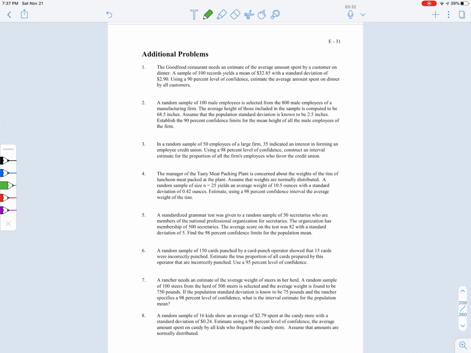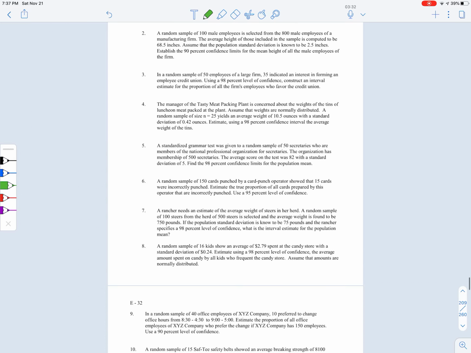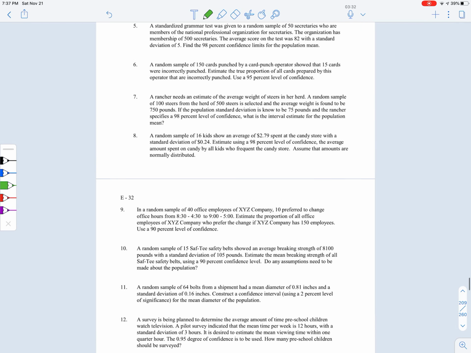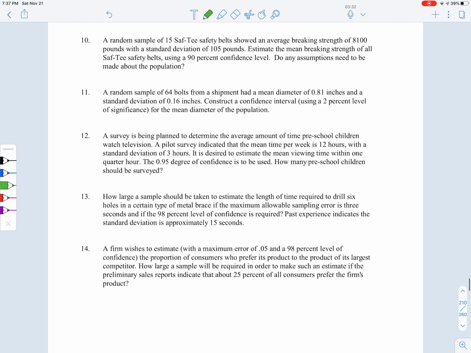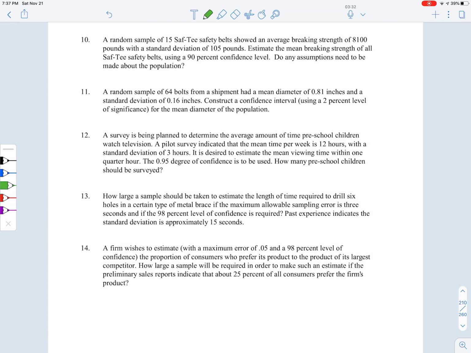That takes us to the end of this long but important unit. Remember, always do the additional problems at the end. So there's a good couple of pages here of problems to work through. Most of them are confidence intervals. The last few here are ones where you're dealing with the n.